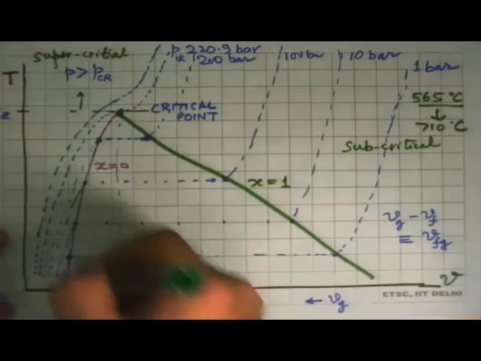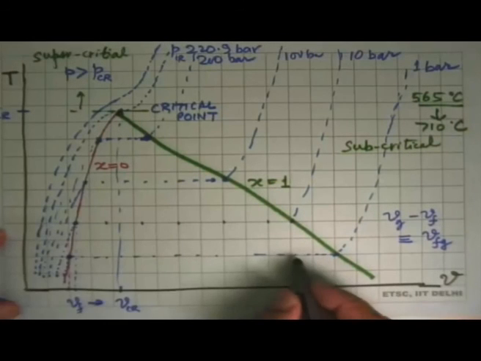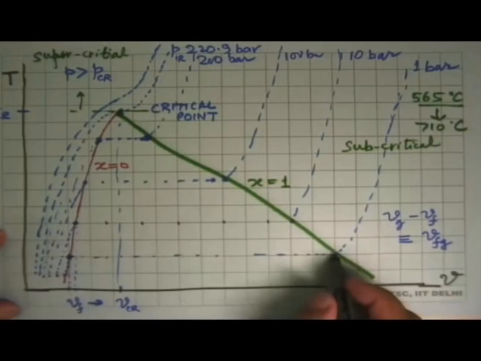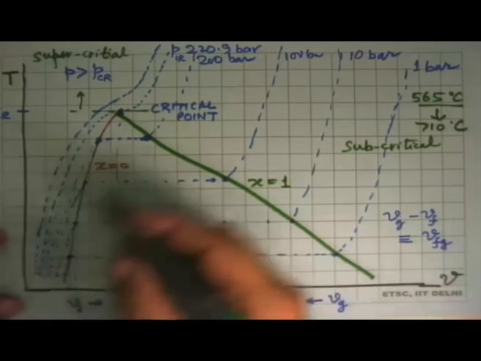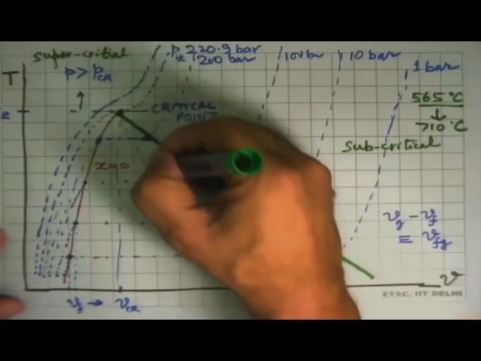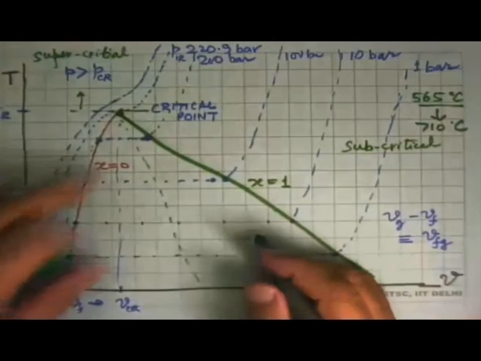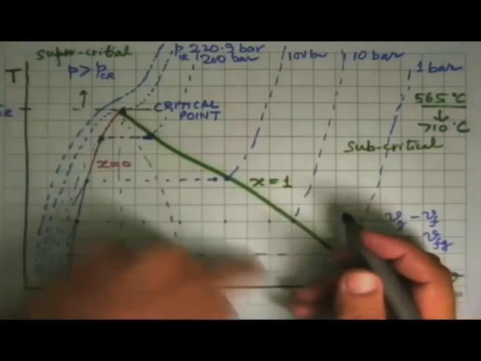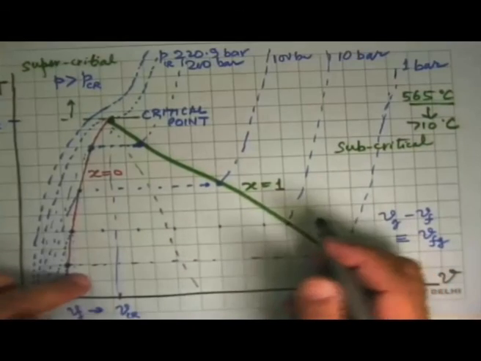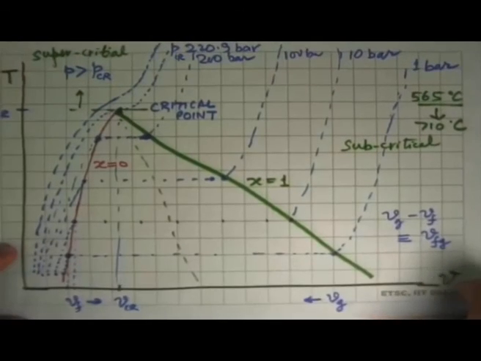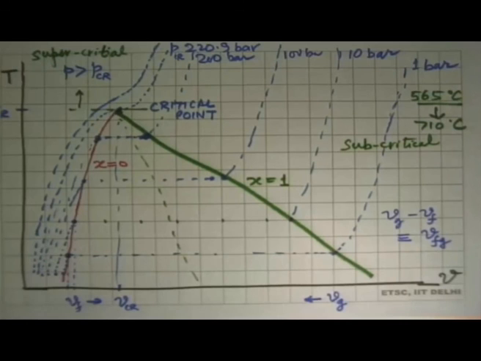Okay, so as you go from left to right, x goes from 0 to 1. In this, one can draw lines and say, well, these are constant dryness fraction lines. X is equal to 0.6 is this much, x is equal to 0.7, x is equal to 0.3, they are like that. All the definitions that we had are valid for all this discussion.